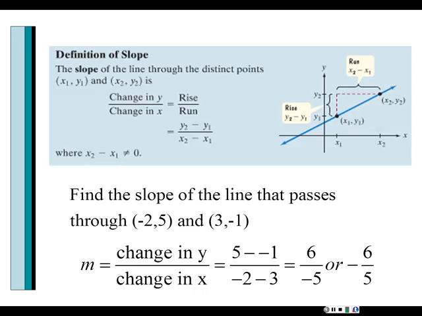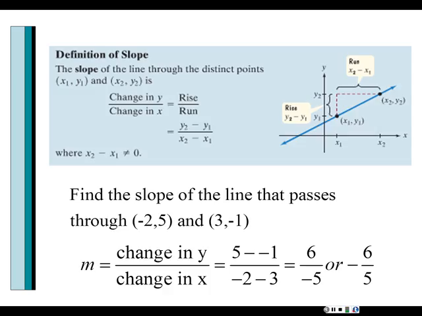Now, let's say you have 2 points. Some people get confused about which one is x1, y1 and which one is x2, y2, right? That doesn't matter. You can either assume this is your x1, y1 and this is x2, y2, or you can do vice versa. Just keep track of which one is which, because you will end up with the same number.